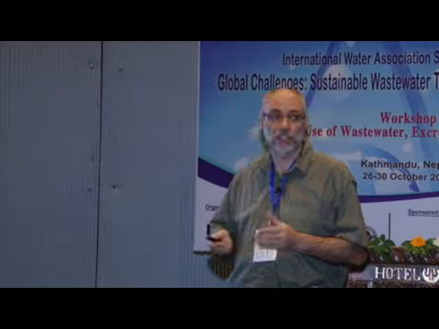So when we look at the reuse of wastewater, there's a side we like, there's a side we love, that is where treated wastewater is used. And there are many countries where this is taking place, and the driver normally is water scarcity.